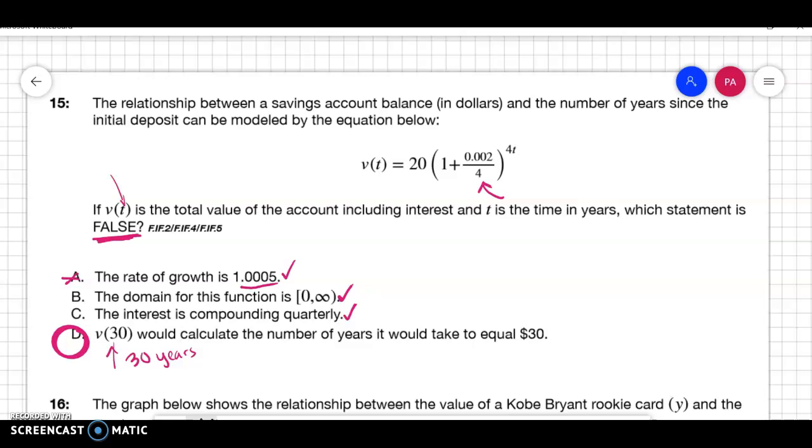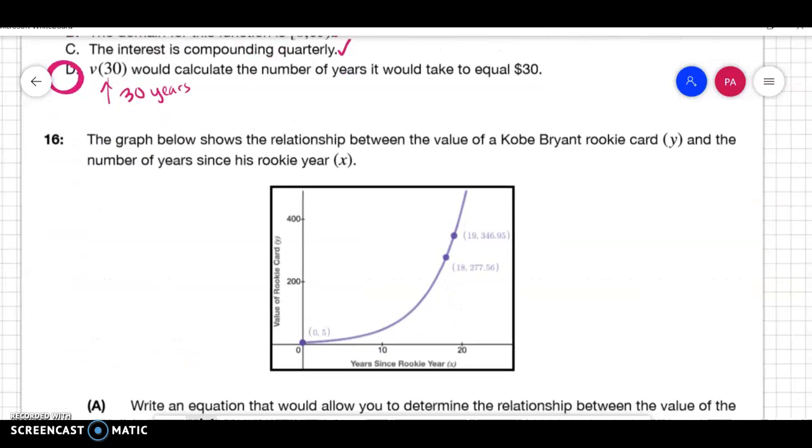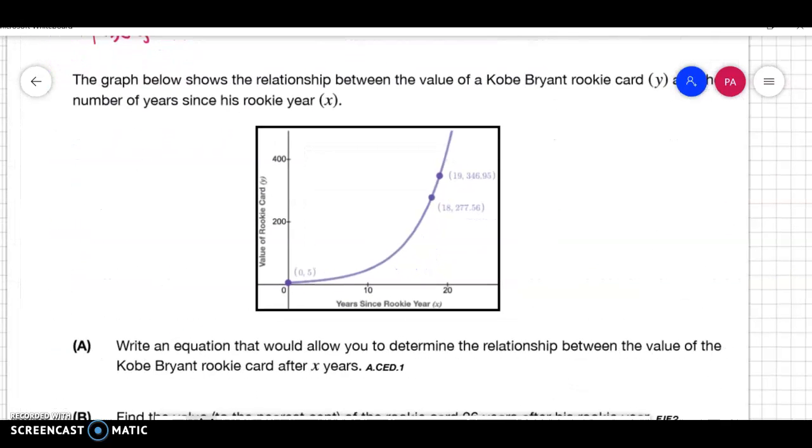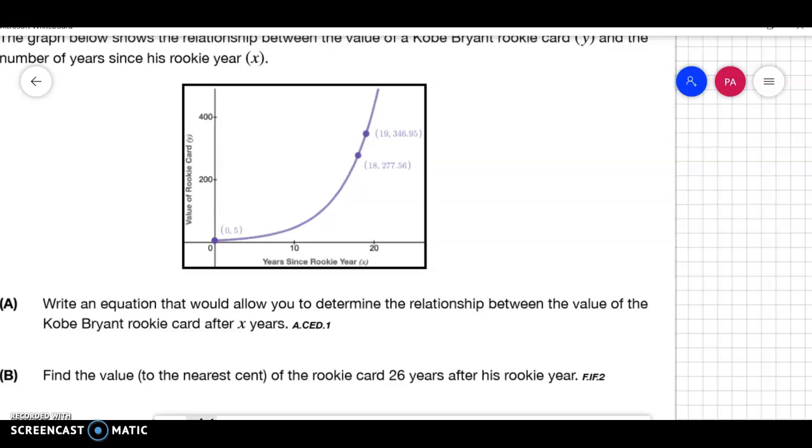Okay, and then for our last one, hopefully to get this in before my time runs out, basically what you needed to do was take this y value here and divide it by that y value to get your rate, which is 1.25. So that essentially means it's growing by 25%.